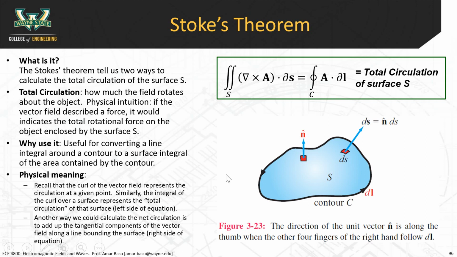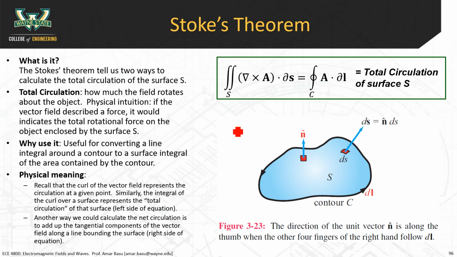So what does this physically mean? The circulation of a surface S is the tendency of this surface, if we were to place it in a vector field, to rotate. So for example, this graph shows A here.